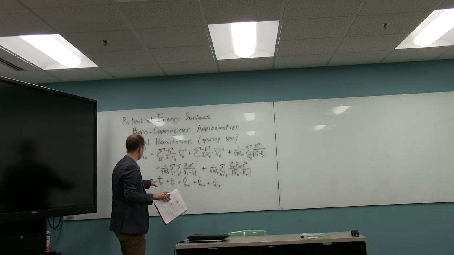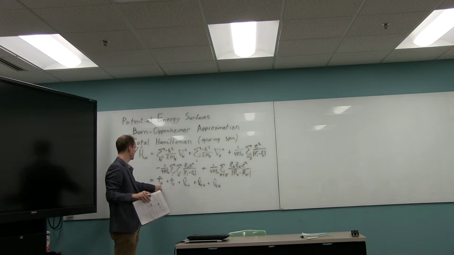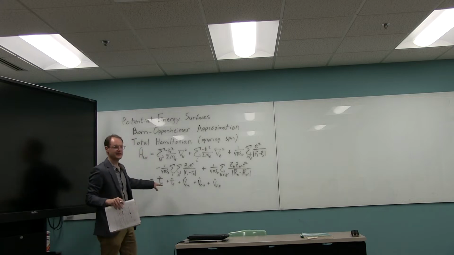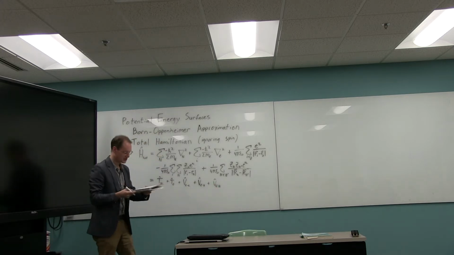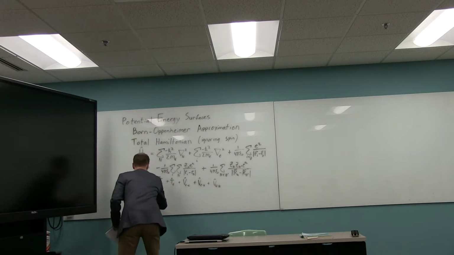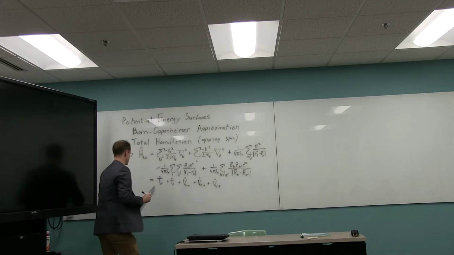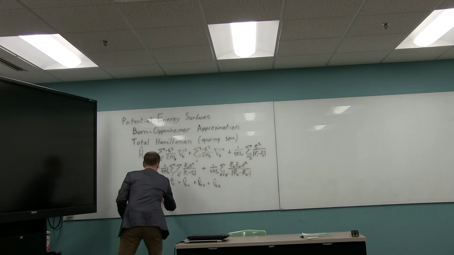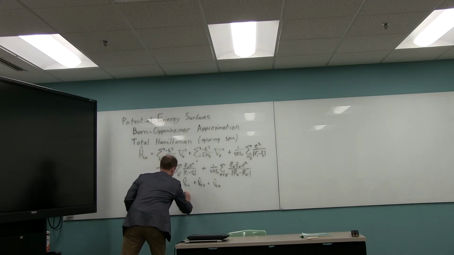And because you have moving electrons and moving nuclei interacting with each other, in general the electron coordinates, which I've been denoting as little r, and the nuclear coordinates, which I've been denoting as big R, are not separable.